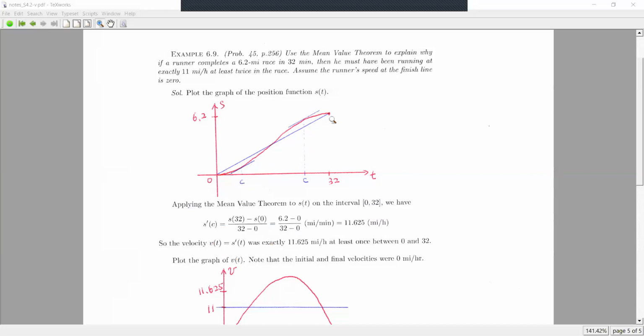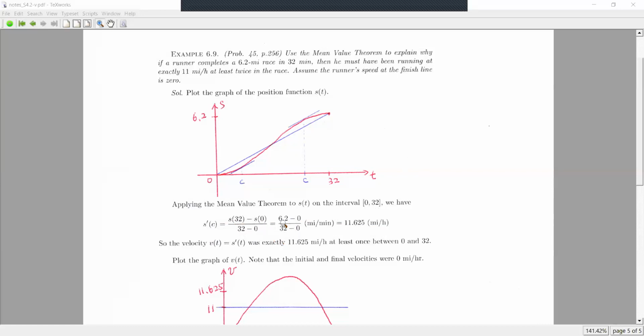This blue line joins the two endpoints of the red curve. This is guaranteed by the mean value theorem. Position at 32 is 6.2. Position at 0 is 0. Then 32 minus 0. Actually, this number is the average velocity of the runner over this time interval.